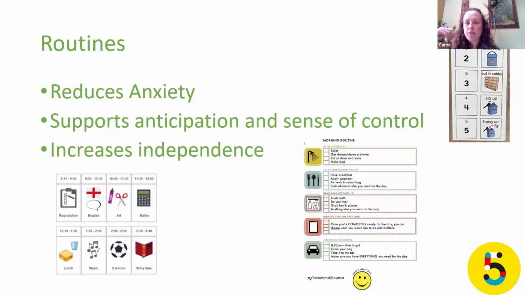I've also touched on how a lot of our autistic learners have difficulties with processing skills, so it's helping to reduce that working load. They know what to expect, they know what's going to go on, so they can then focus and get on with the task. It helps them to know what's coming, so it supports that anticipation. They like a bit of predictability, and it also gives them a sense of control over what is happening.